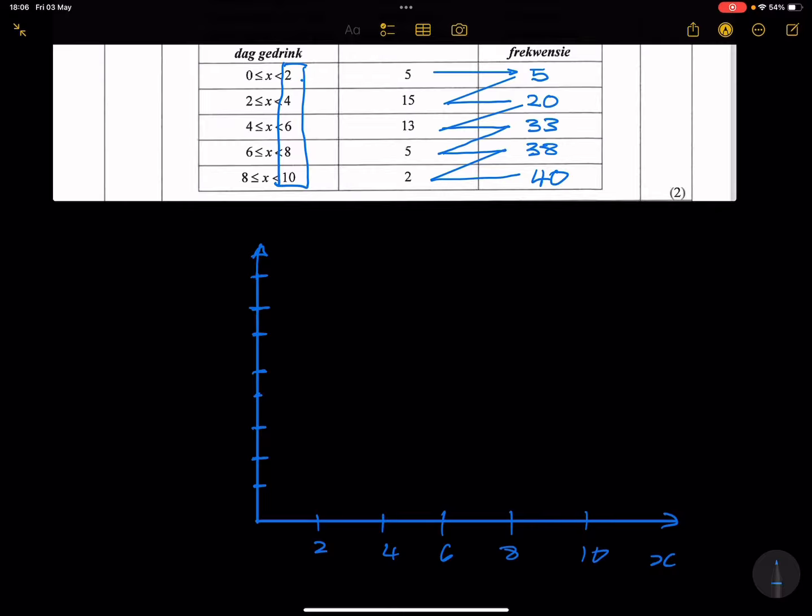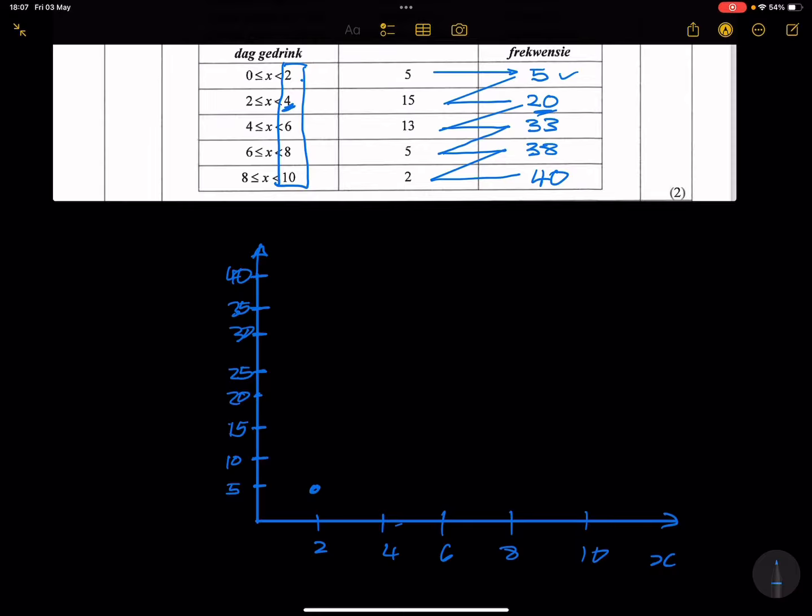At 2, the associated cumulative frequency value is 5, and at 4, my cumulative frequency value is 20. I'm just showing you this because I want you guys to know how to draw that ogive, in case you didn't know.